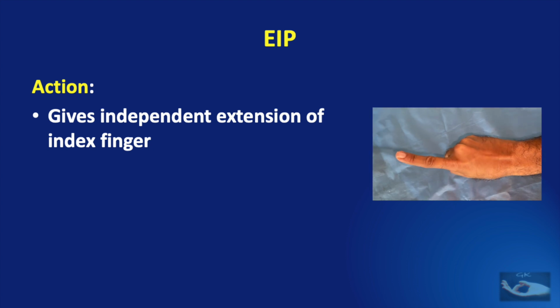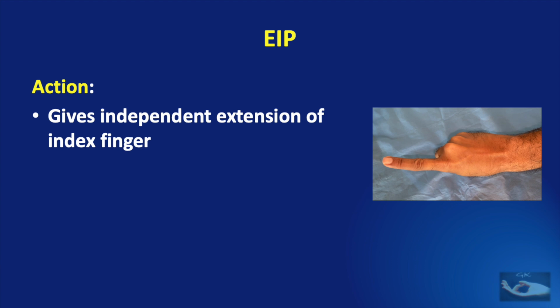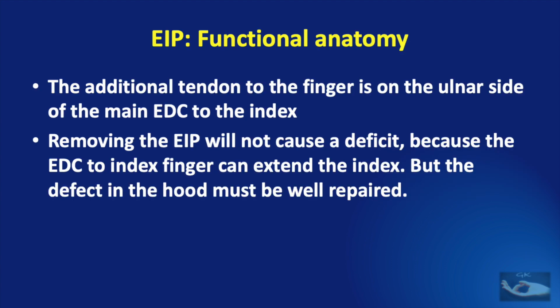Due to the separate muscle, the EIP provides independent extension of the index finger, and we need to remember the additional tendon to this finger is on the ulnar side of the main EDC to the index. Removing the extensor indicis proprius will not cause a deficit because the EDC to the index finger can extend the index, but the defect in the hood must be well repaired.